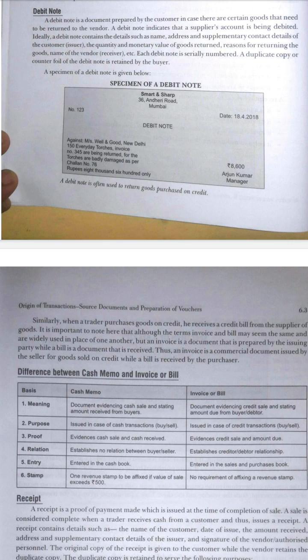Due to some damages, he is returning the 8,600 value of goods to Well and Good company. So a debit note is prepared only when there is a credit purchase, and it indicates the return of goods by the customer to the supplier. Understood? Okay.